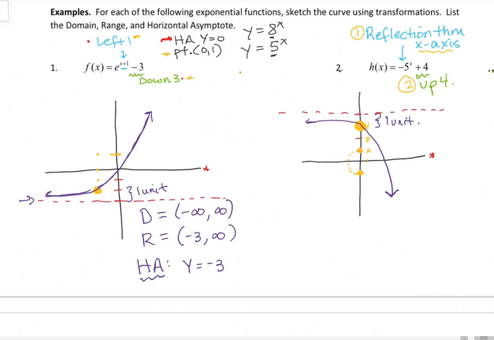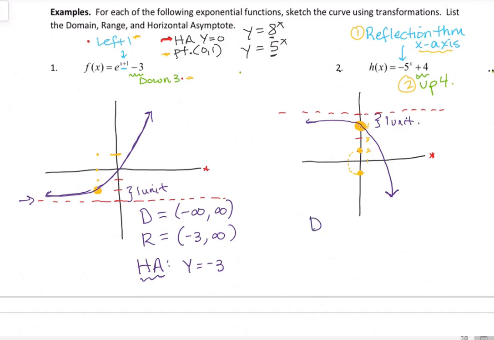Now you can see that sometimes the curve is above the horizontal asymptote, sometimes the curve is below the horizontal asymptote, but that point you plot and the horizontal asymptote will always be within 1 unit of each other. They'll always be 1 unit apart. So if your point is too far away, then you've done something wrong in terms of your transformation.